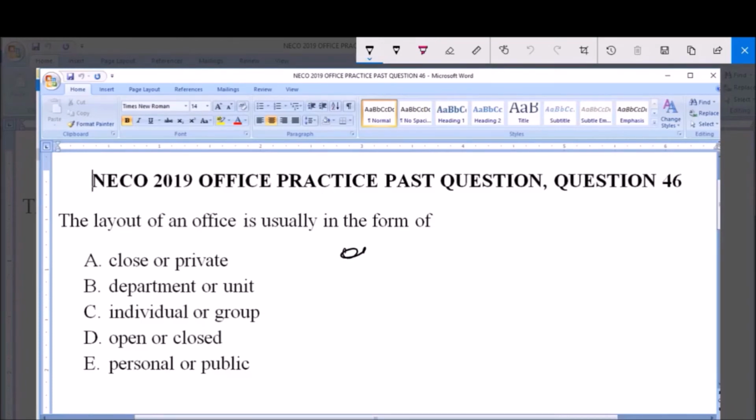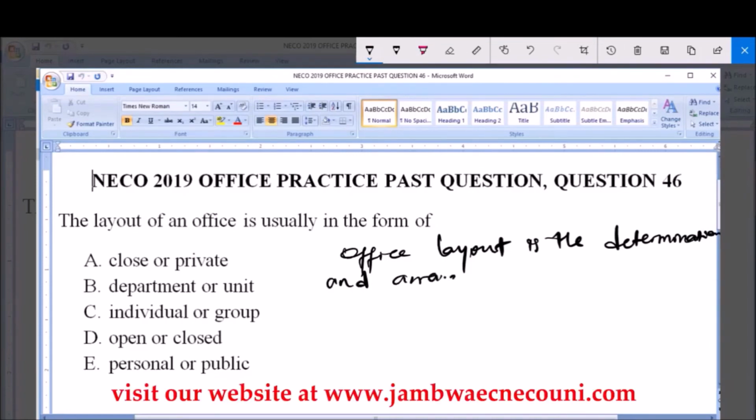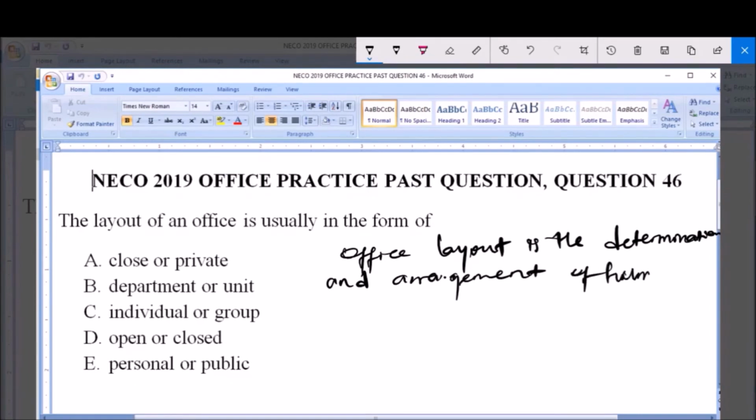Now, an office layout is the determination and arrangement of human and material resources based on the available floor space in the office.